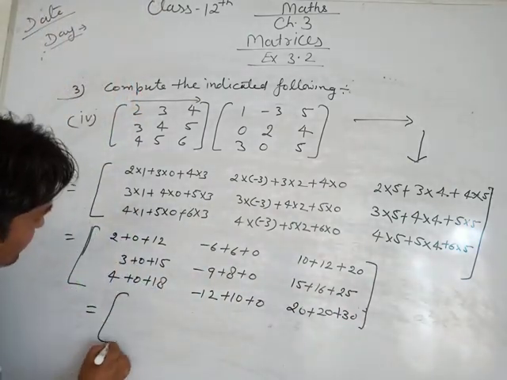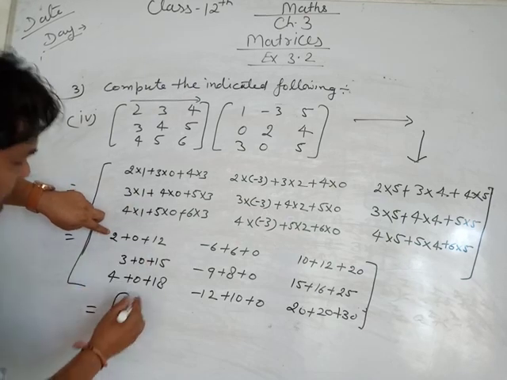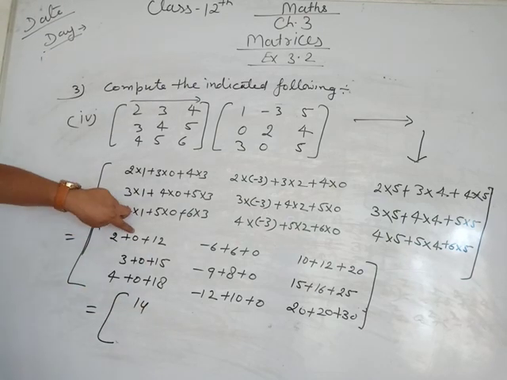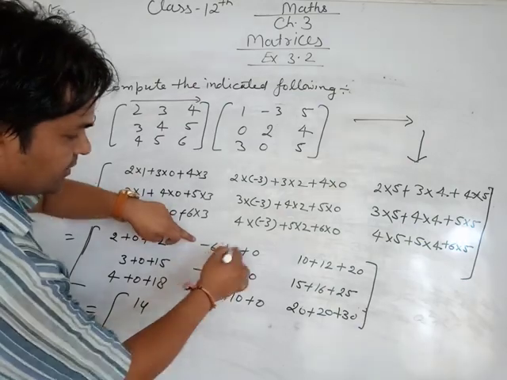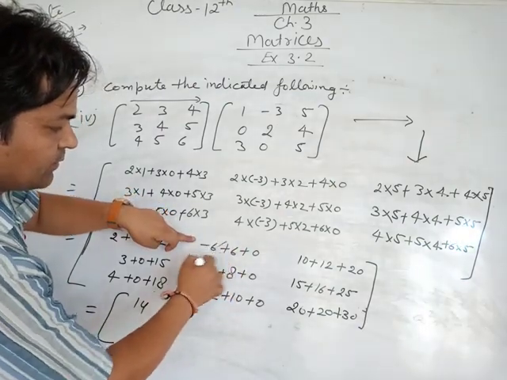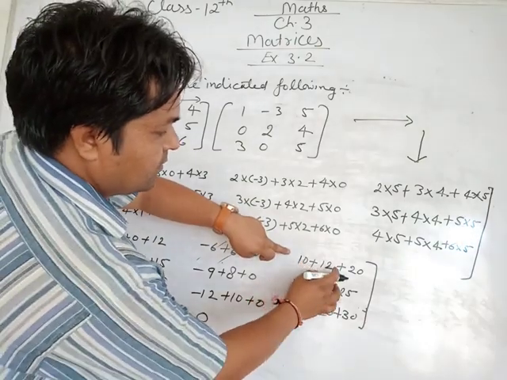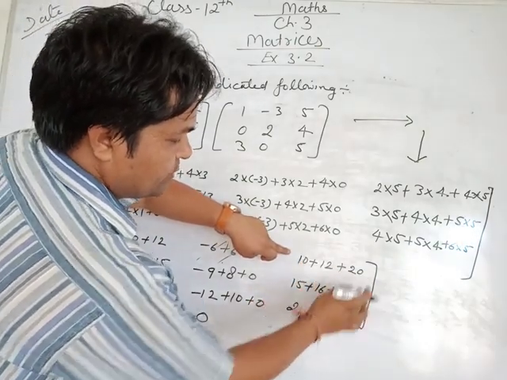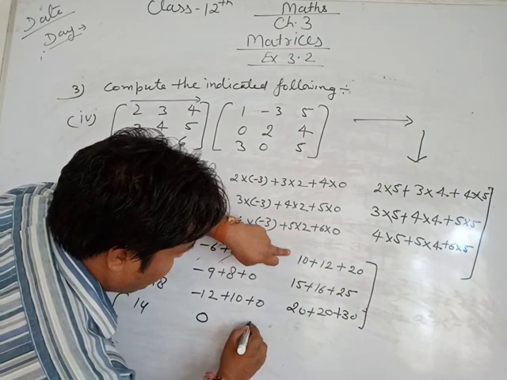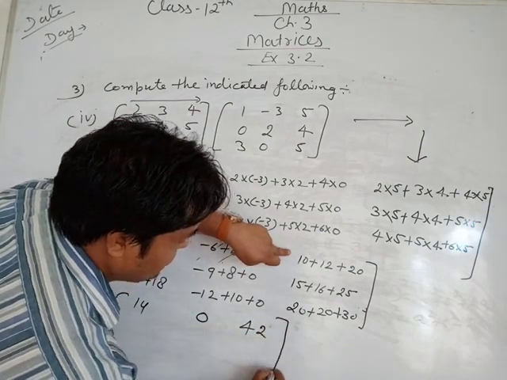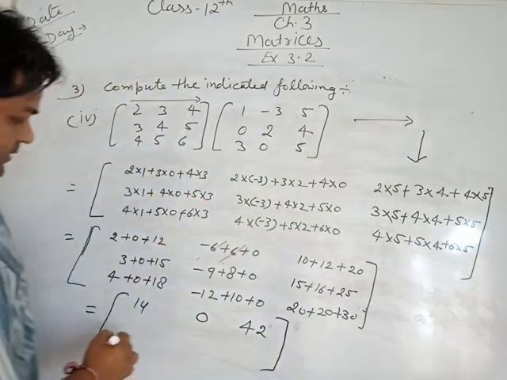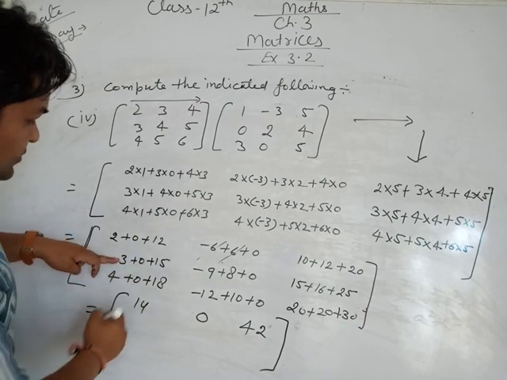Now again solve. 2 plus 14 plus 0 plus 12. Here 6 cross 0 is 0. Here 22 plus 12, 42. Next here 3 plus 0 plus 18, 22.